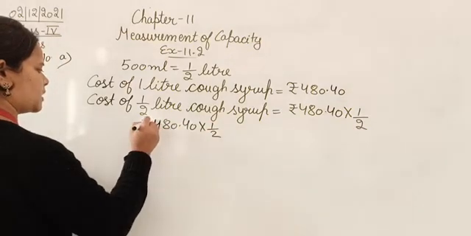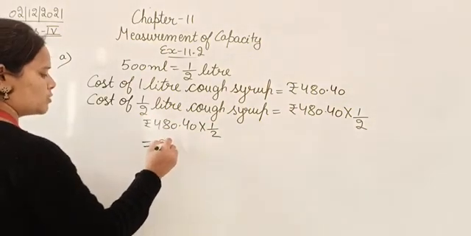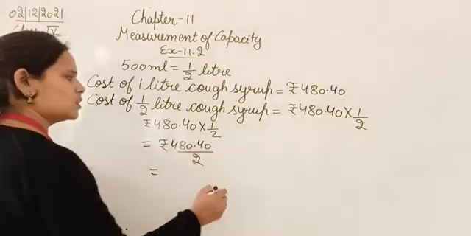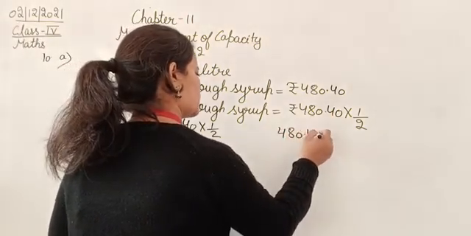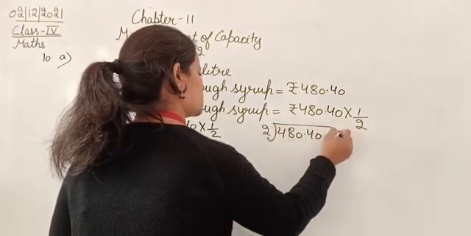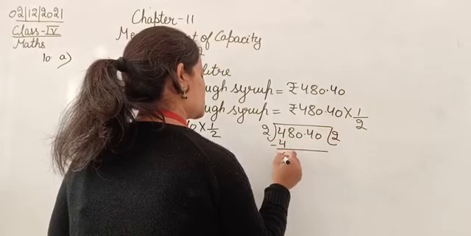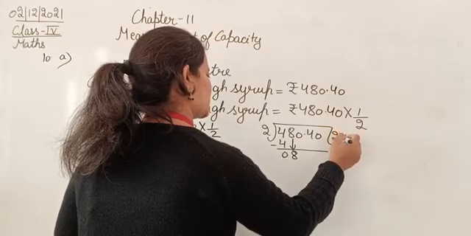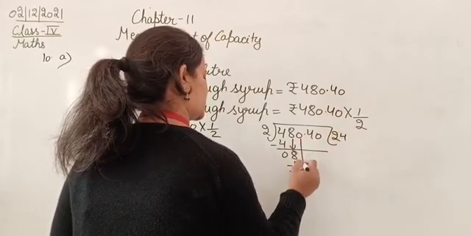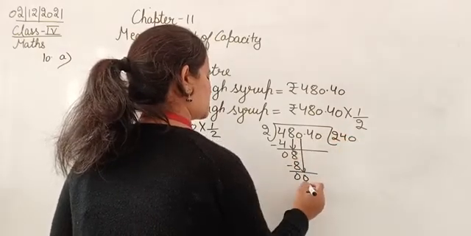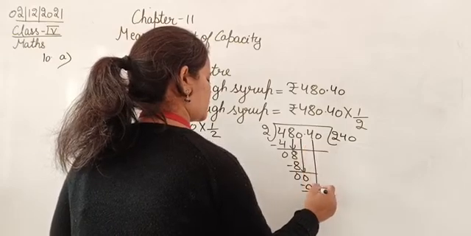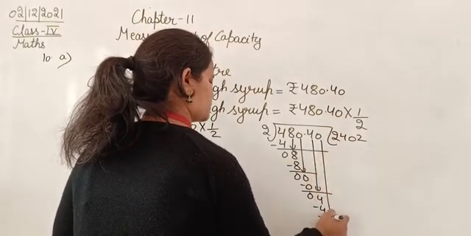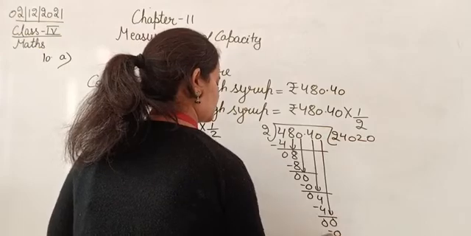480 rupees and 40 paisa into 1 upon 2 is equal to 480 rupees and 40 paisa divided by 2. 2 twos are 4, 0, bring down 8. 2 fours are 8, 0, bring down 0. 2 zeros are 0, bring down 4, 2 twos are 4, 0. 2 zeros are 0, nothing.